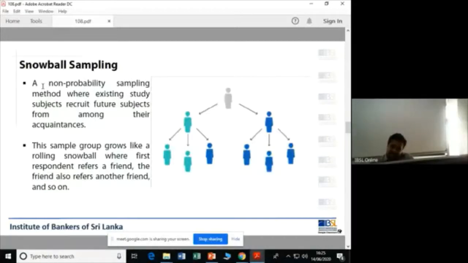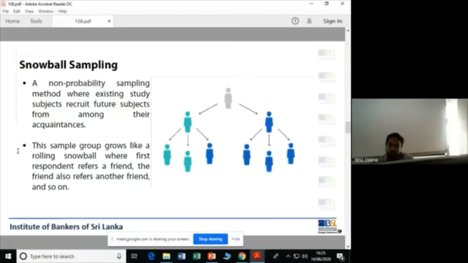You first select a couple of points based on your accessibility or reachability. Then you ask those data points to recruit more data points and give you more data to be selected in your sample. See this given example.